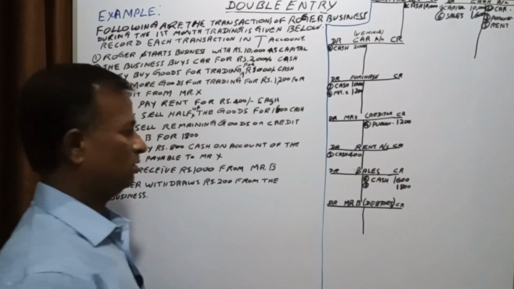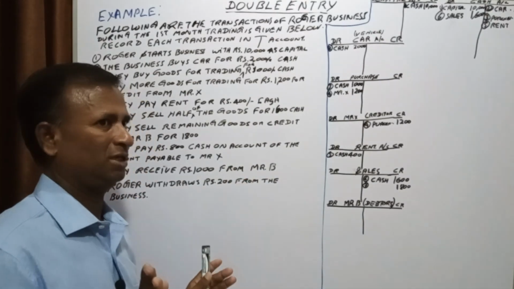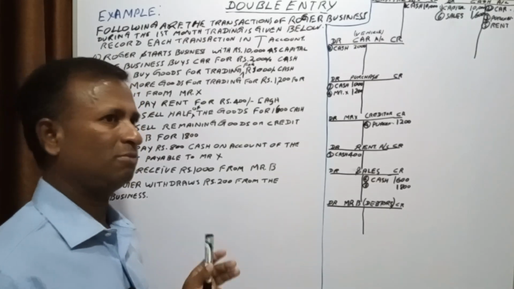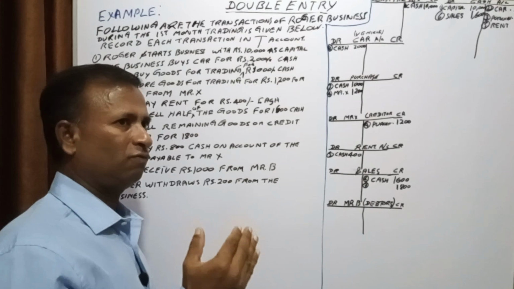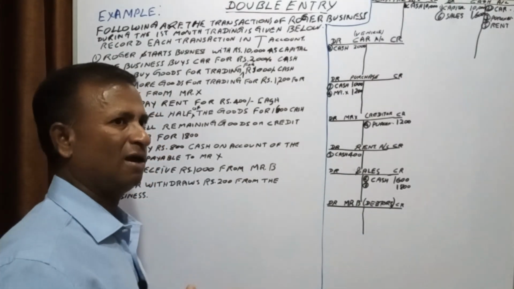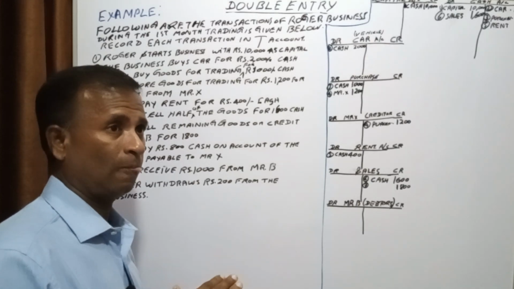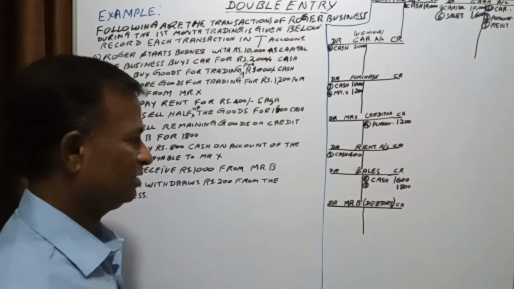Right? Goods are going out, but cash is not coming in. Instead of cash coming in, we are going to receive this amount from Mr. B after 30 days or something like that, because we have sold it on credit basis.